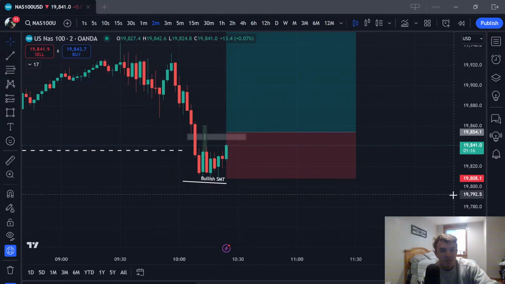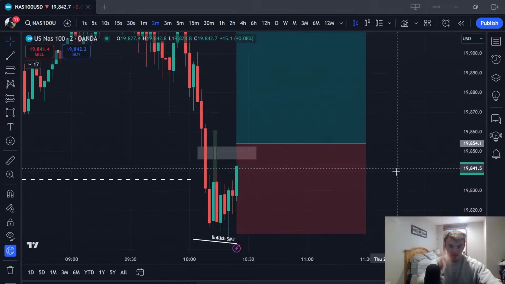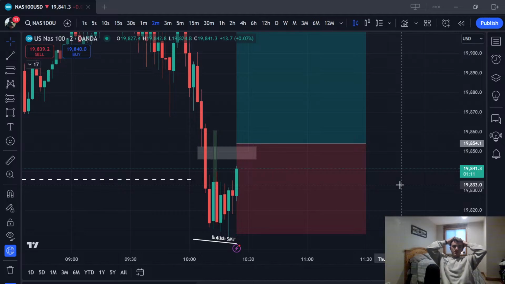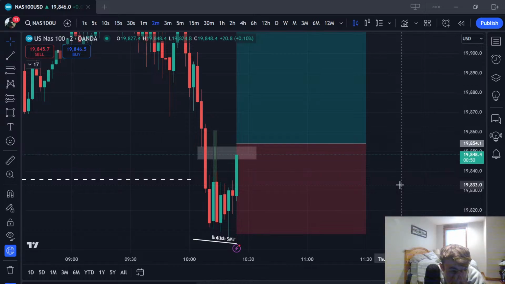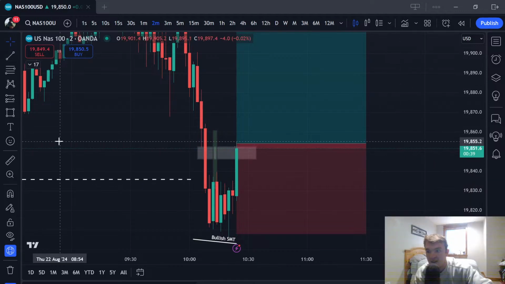Okay. Alright, 45 seconds. And if this candle body closes, this is the entry. Right? If this candle body closes, this is the entry.